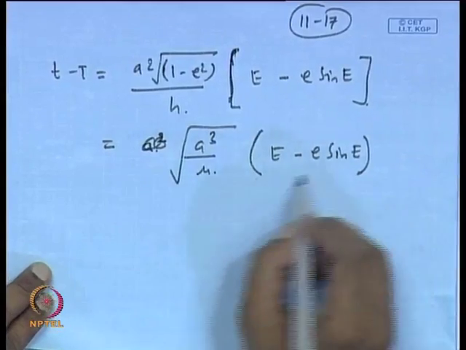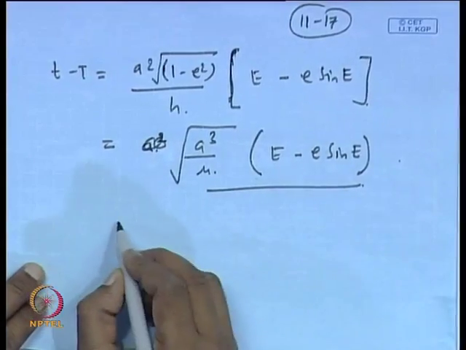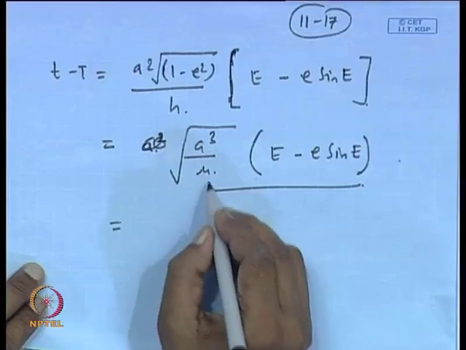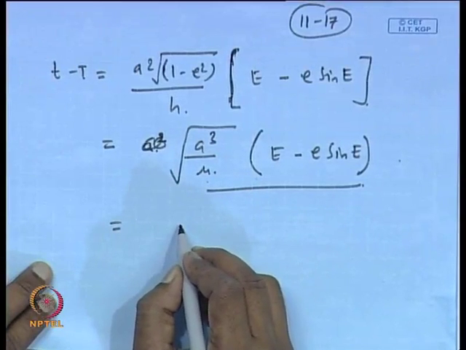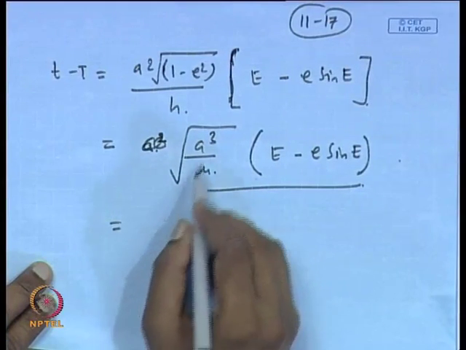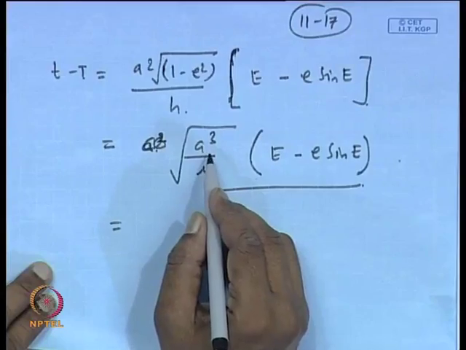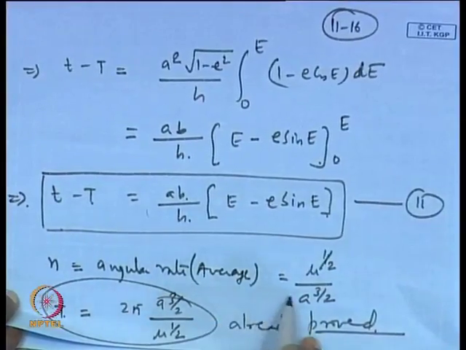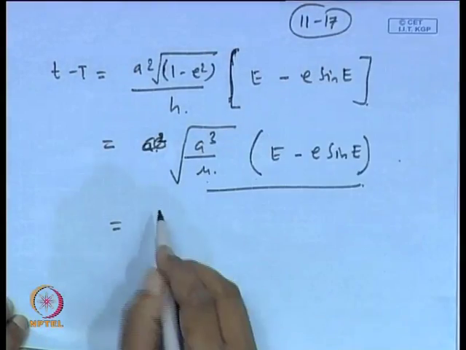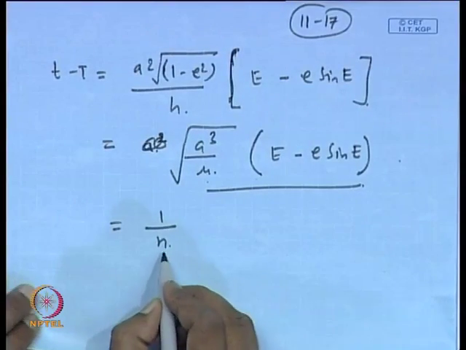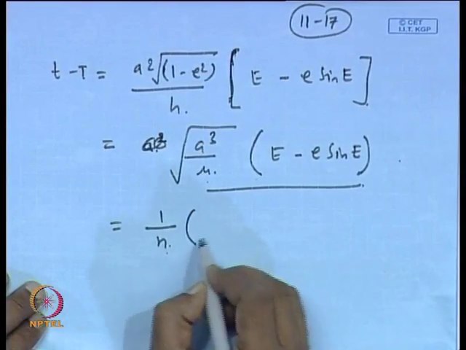Okay. So, how to get this? We will just look into this. So, square root of a cube by mu, this is related to the quantity that we have written earlier, the angular rate. So, this is just the inverse of this. So, this quantity can be written as 1 by n, where n is the average angular rate.